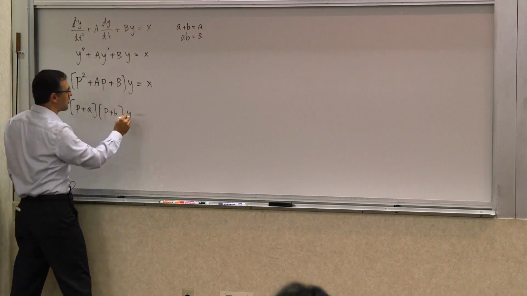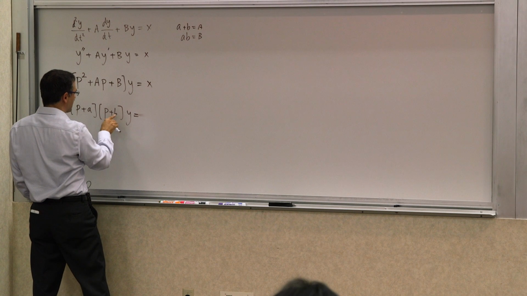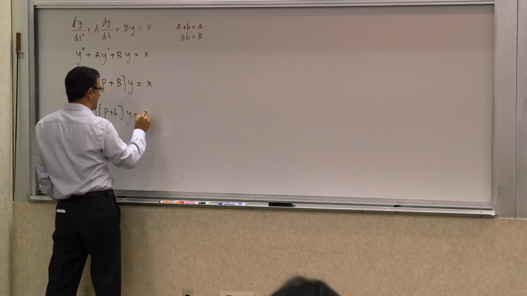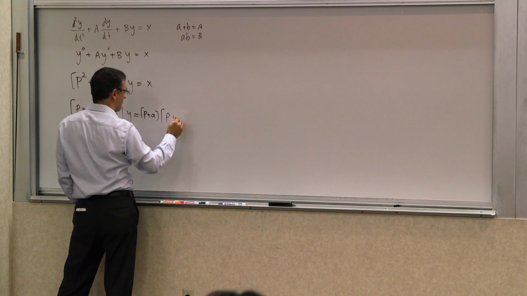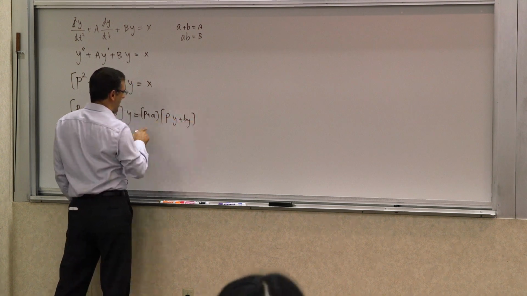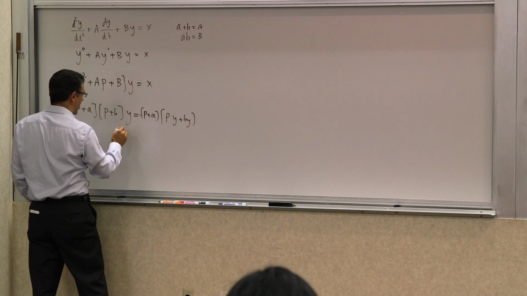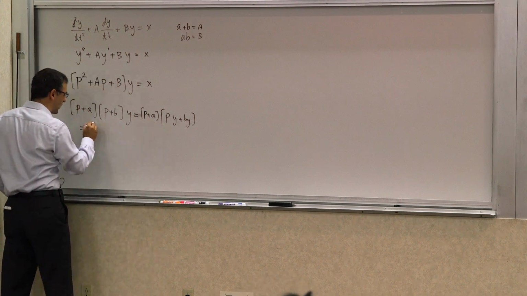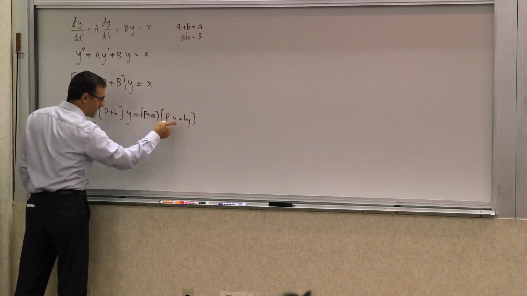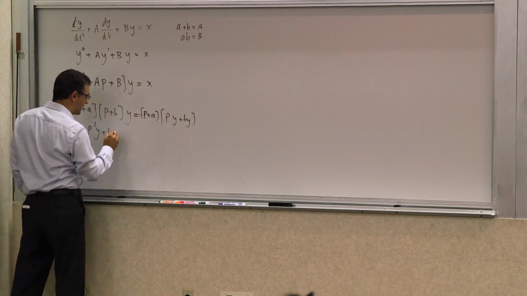So if I do it in this order, what do I get? First, this operates on this, so I get p plus a operating on p y plus b y. And then this operates on that. What do I get? I get p squared y. This operates on that, I get plus b p y.